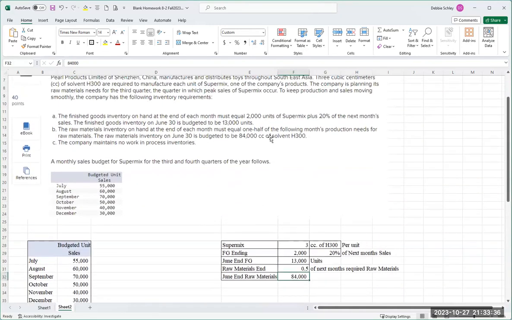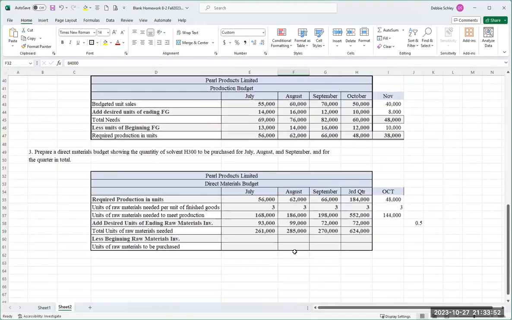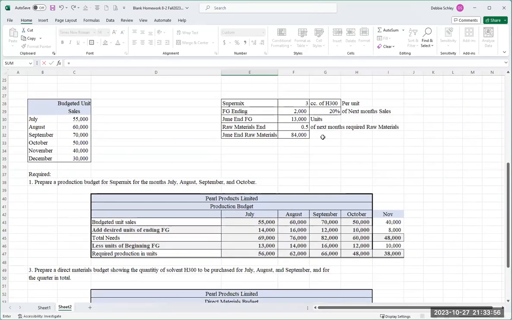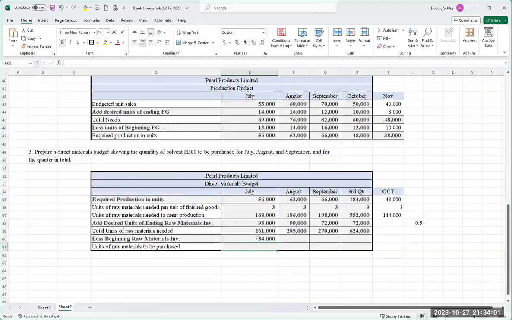If you'll remember, they told me that the raw materials inventory at the end of June is budgeted to be 84,000 cc's. So ending June becomes beginning July.